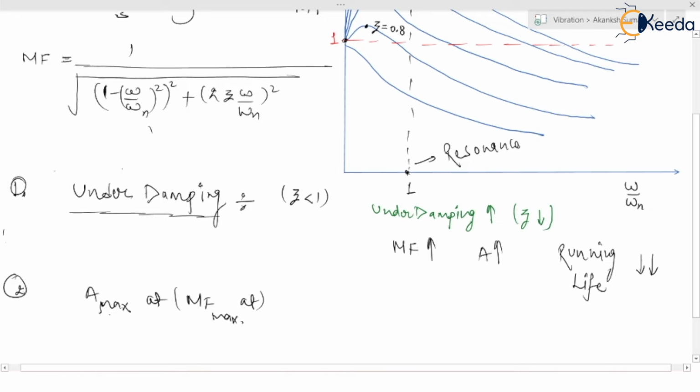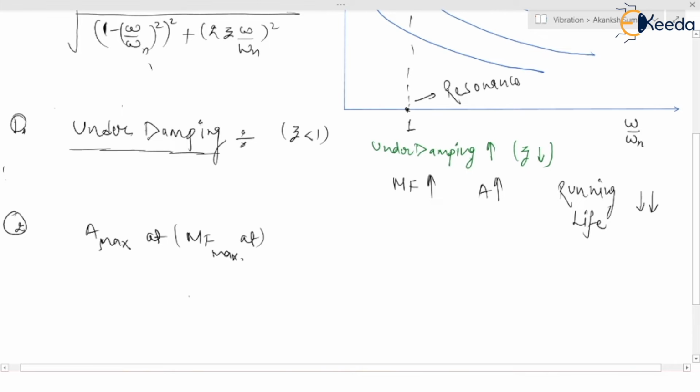So if you want to calculate the maximum amplitude value, you just have to find out the maximum magnification factor position. I'm talking about the value omega by omega n less than 1, because at equal to 1 there will be a resonance. So I'm talking about less than 1. So there is the underdamping.